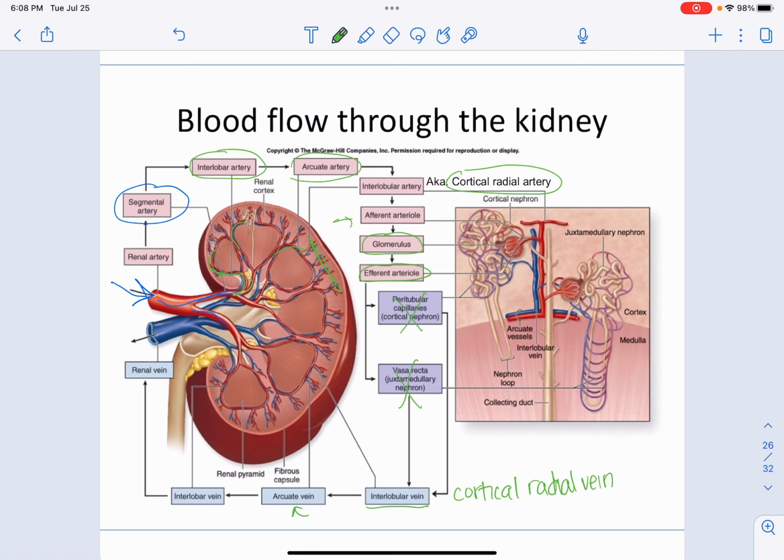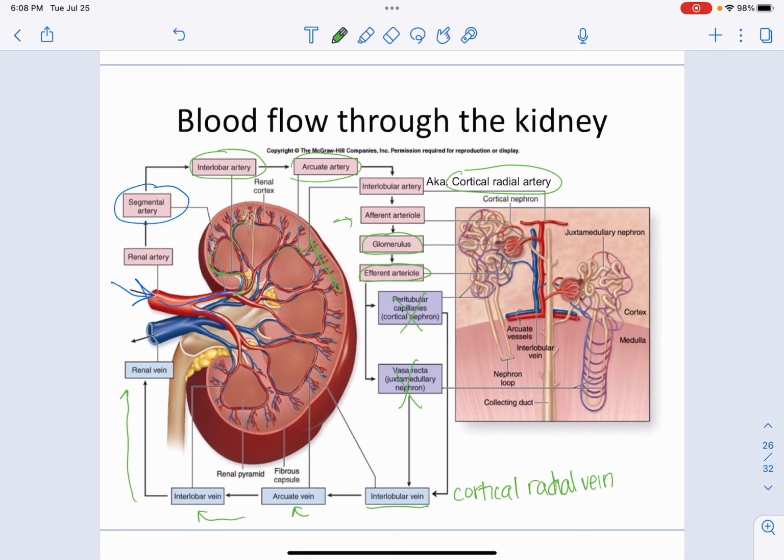The arcuate vein will then turn into the interlobar vein, and then it'll exit the kidney through the renal vein. That is how blood flows through the kidney and the glomerulus. So that's how it enters, how it gets to the glomerulus, and how it gets back.